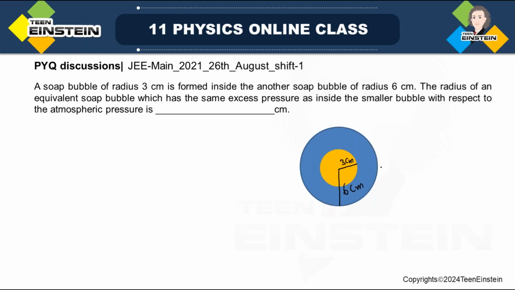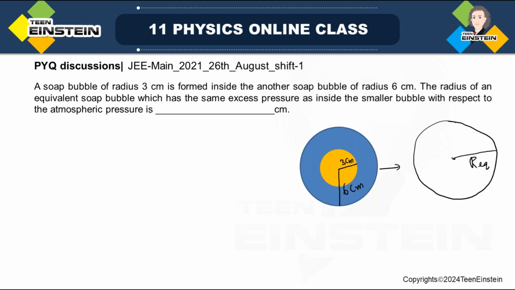If I just take this as a single one, maybe this will be a little bigger. We don't know what that will be, so suppose R is the equivalent radius.